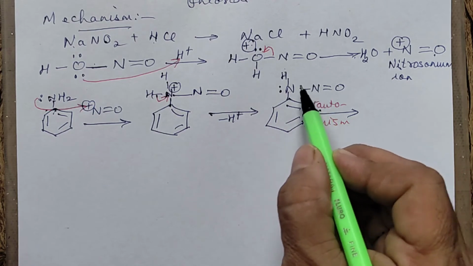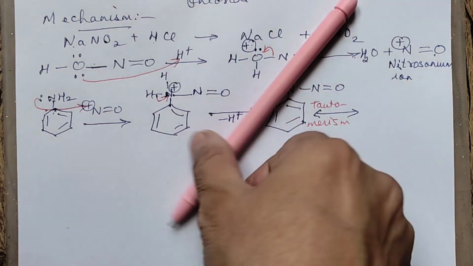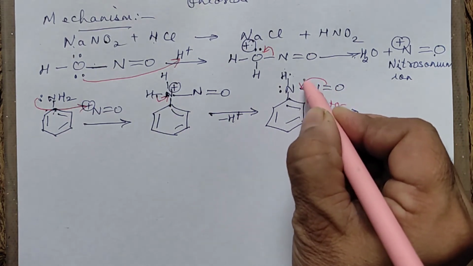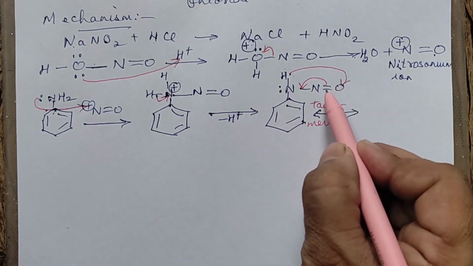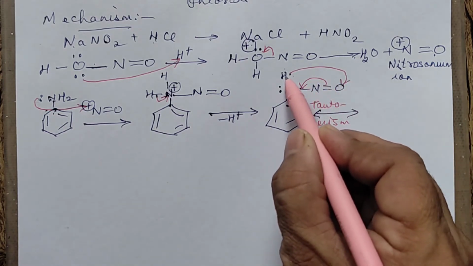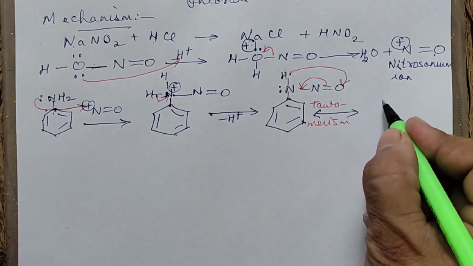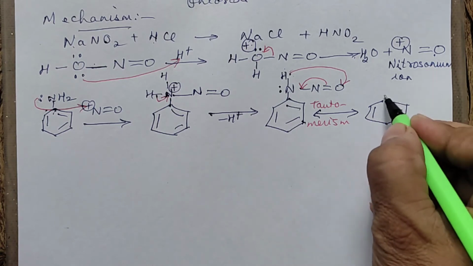So in this bond will shift here, and this hydrogen will come this side. So this bond from here shifts this side, and hydrogen will come this side, and it will rearrange itself to form another species. This you can just write like this.